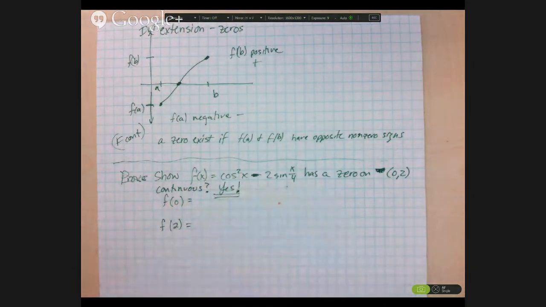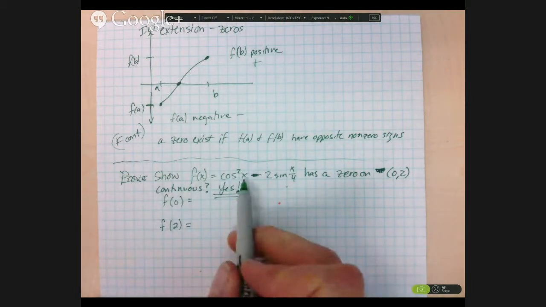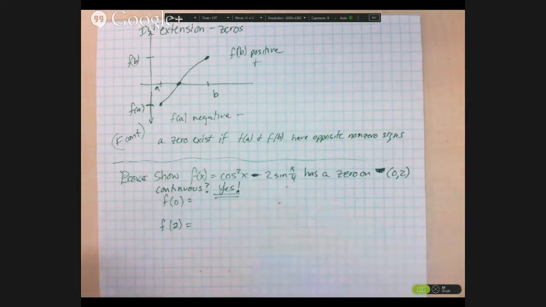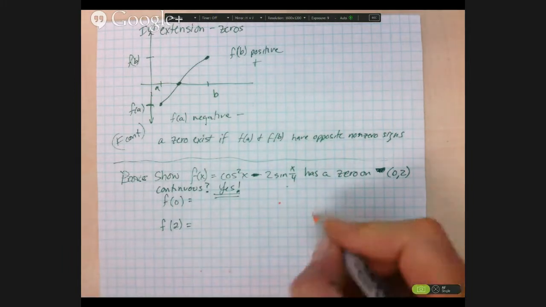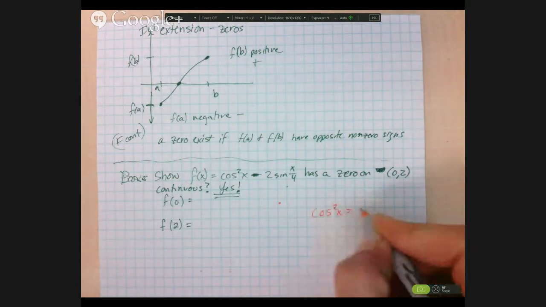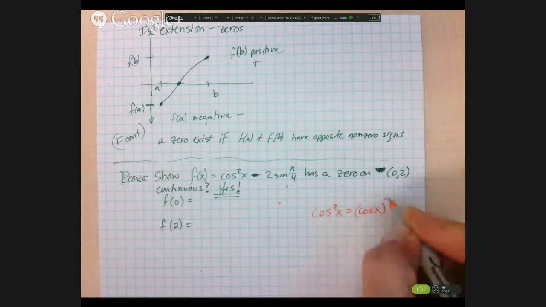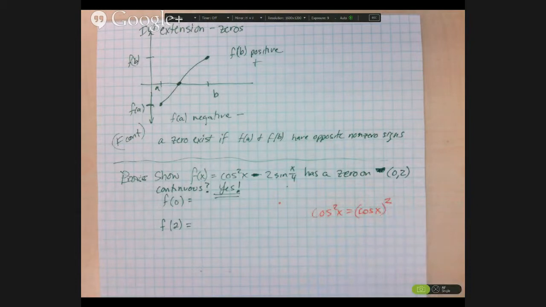All right. So what's f of 0? Do you guys know how to rewrite cosine squared x? Cosine x squared. That's the same thing. Get that in your brains.